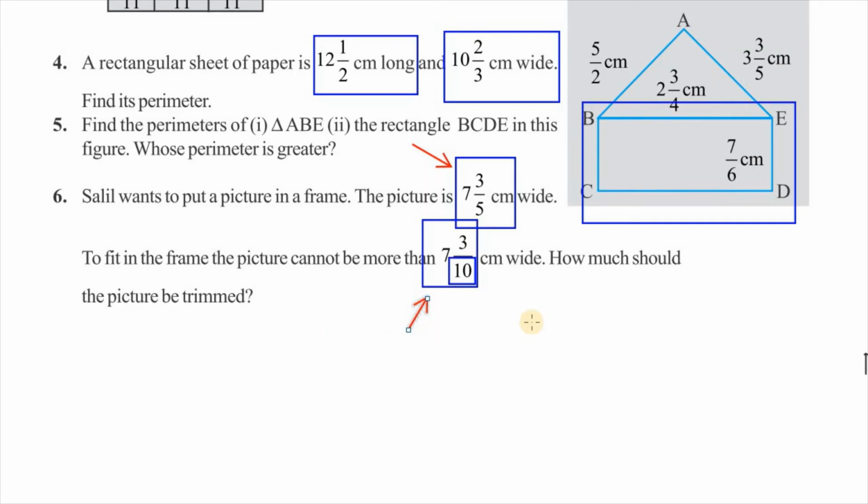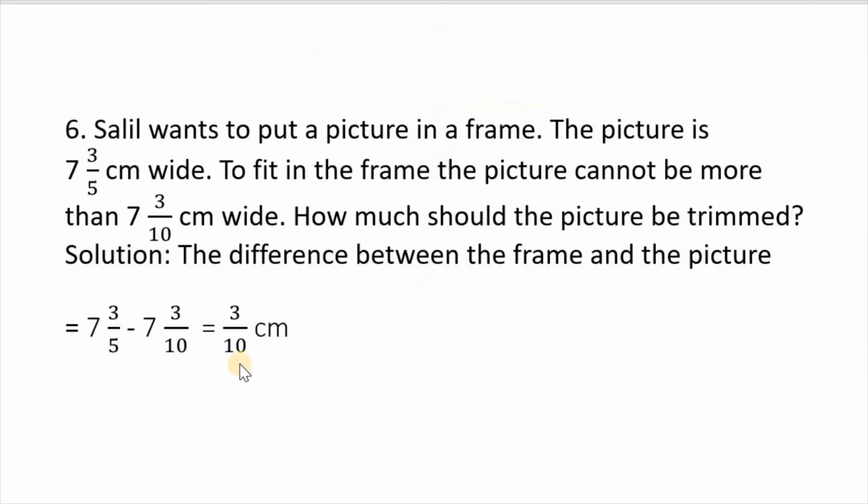So to find the solution to this problem, we need to find the difference between the width of the picture and the width of the frame. This is actually a fairly simple subtraction because we are subtracting 3 by 10ths from 3 by 5ths.